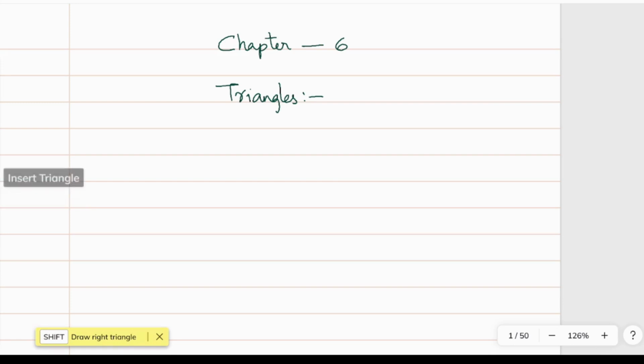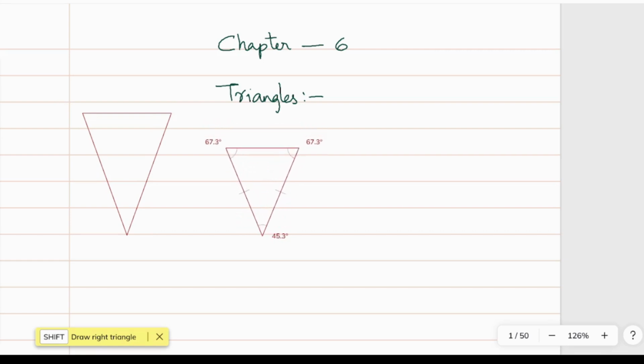Similar figures means what? For example, if I'm drawing a triangle like this and another triangle like this, but they both are of this thing that this angle is equal to this angle, and this angle equal to this angle, and this angle equal to this angle. Okay, so let me name this triangle ABC, DEF.